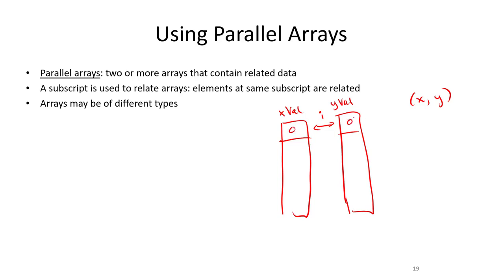You could design the arrays such that the x value and y value at index I are related. So this is a very common situation where the ith element, x val element I and y val element I, those two are part of a set. So by keeping track of which item is at each subscript or each index, you can store sets of related data.